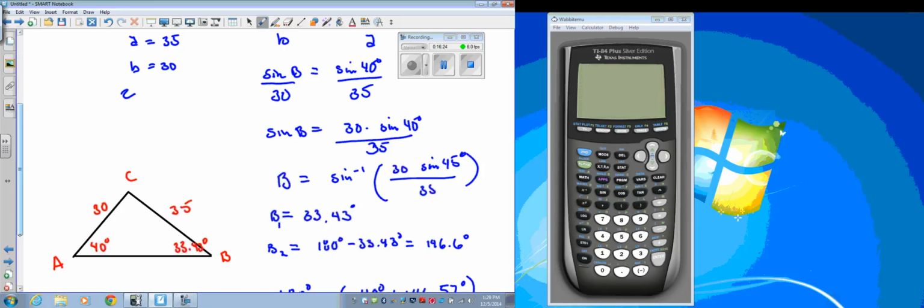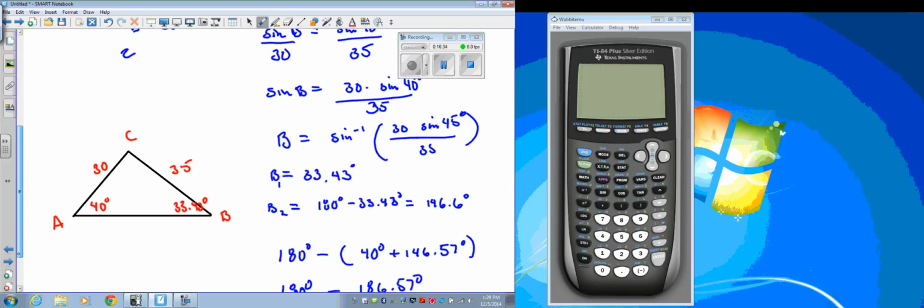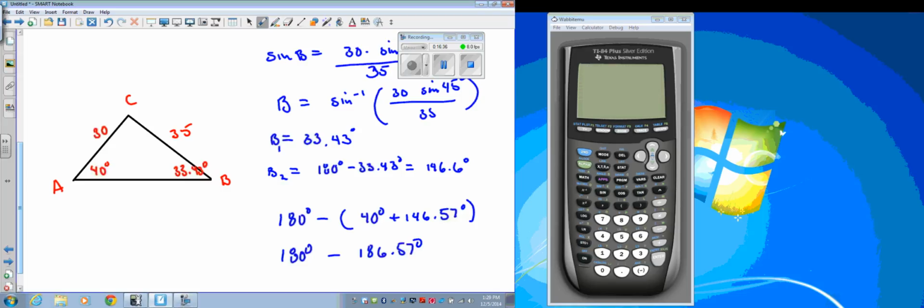If I add these two together and take it away from 180, that would give me the angle up here. But the other angle that this thing can be would be swinging this thing around back down here. And you see it wouldn't close. It would close on the back side.